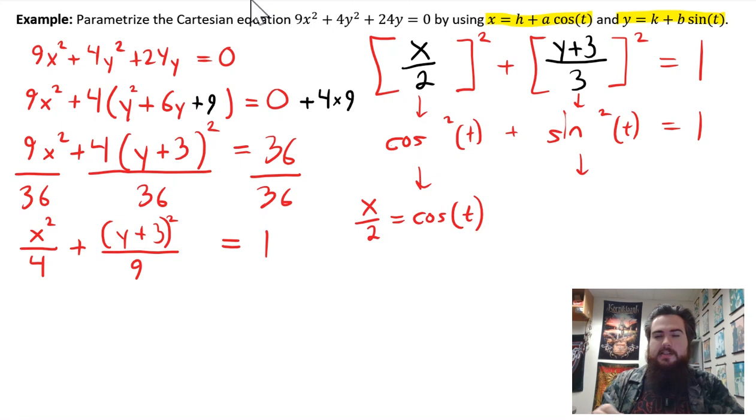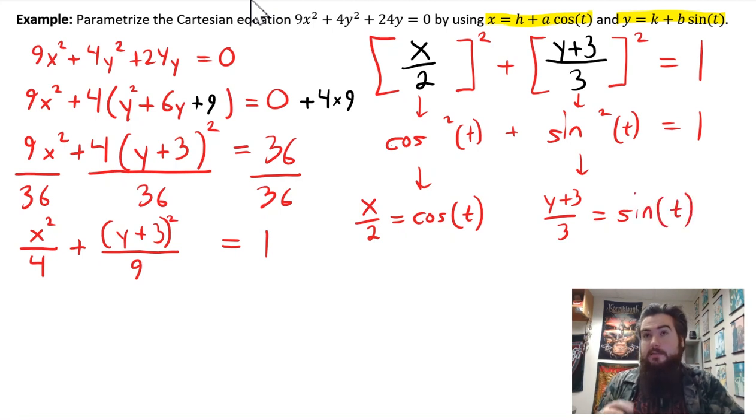And with the second set of equations, I have y plus 3 over 3 is equal to sine of t. Note that because both expressions were taken to the second power, I can drop that. And we can now solve for x and y.